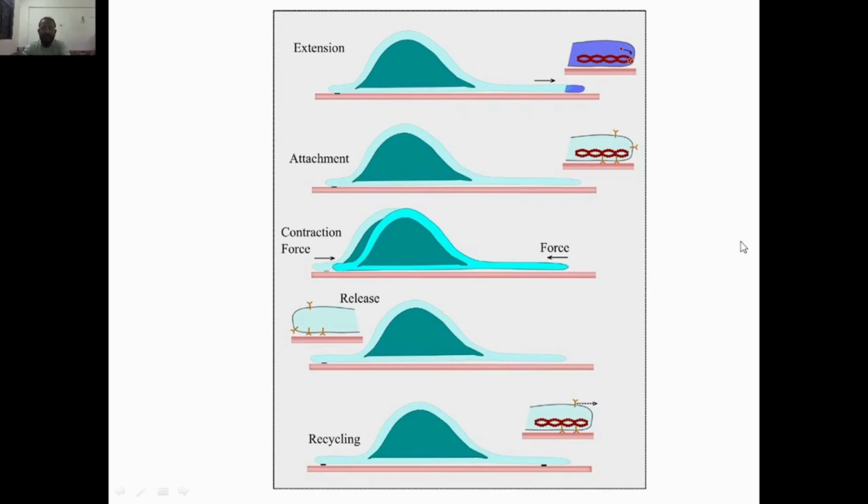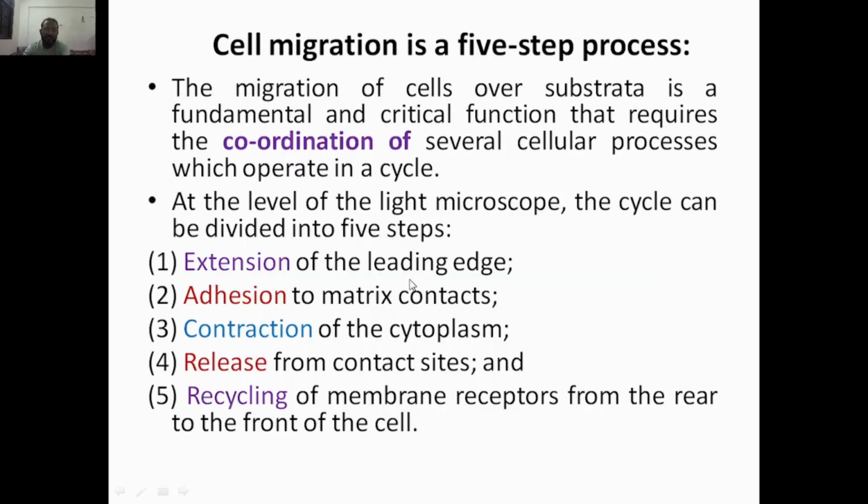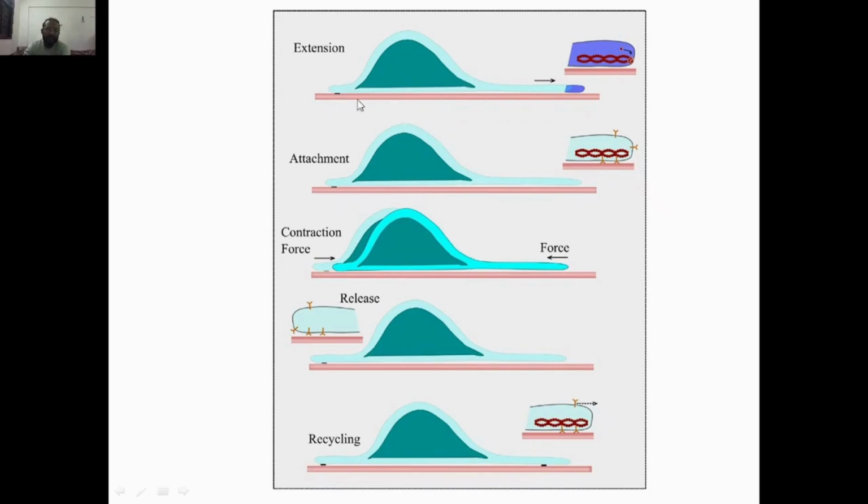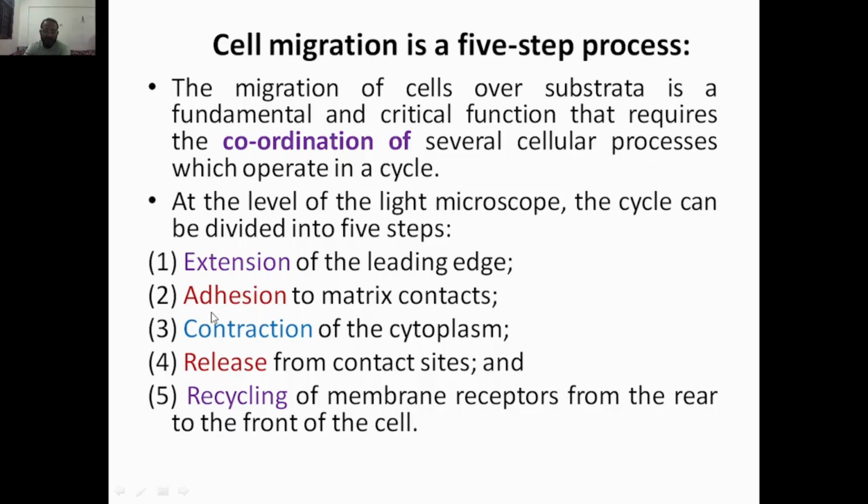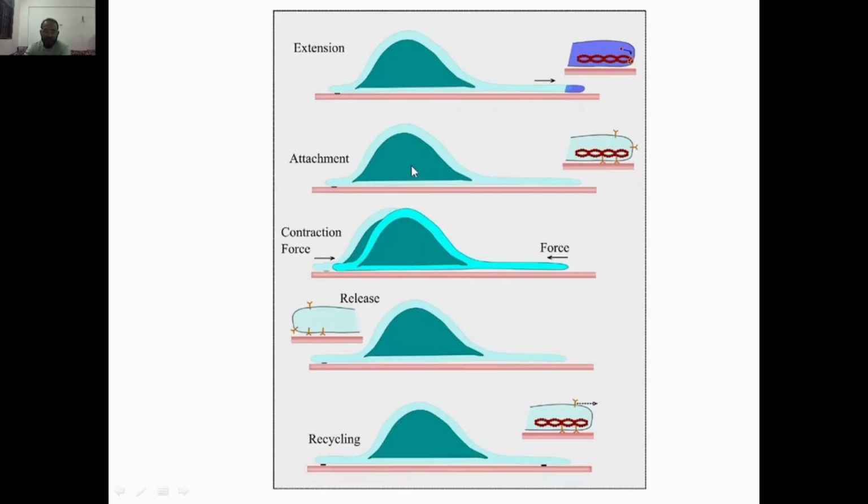So here you can see extension. The first step is what? Extension of the leading edge. Because the number of cells is increasing, differentiating, proliferating, this extension will happen from the leading edge, in the sense this one; here you can see the arrow mark. The second step is adhesion to the matrix contacts. See here the adhesion or attachment to the matrix, or the substrate.